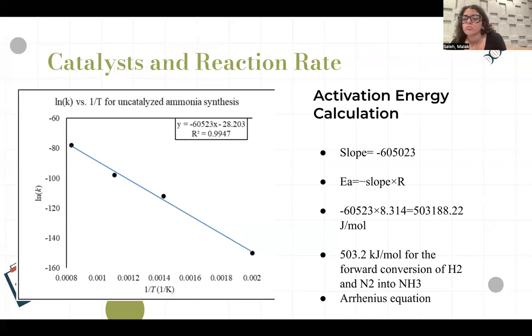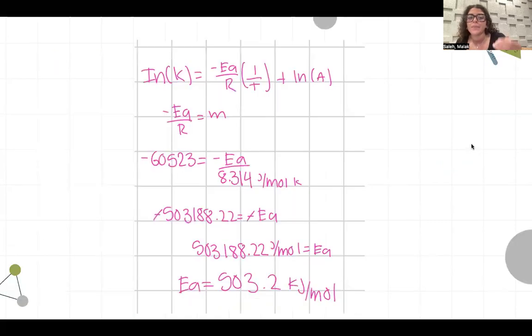We get a pretty high number for the activation energy, which shows why ammonia synthesis is slow without a catalyst. So again, showing why it's important. This is what I did for the work to find the activation energy, again using the Arrhenius equation.